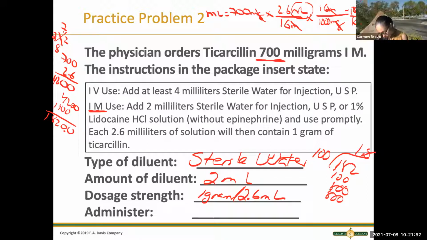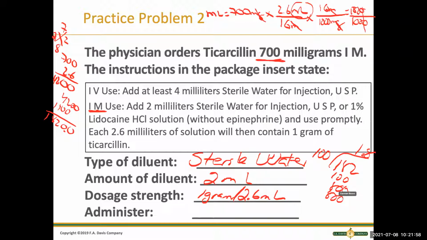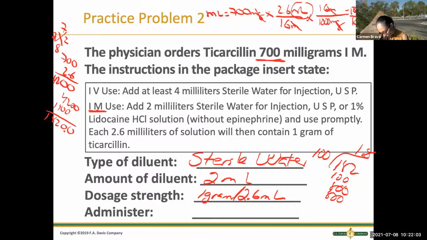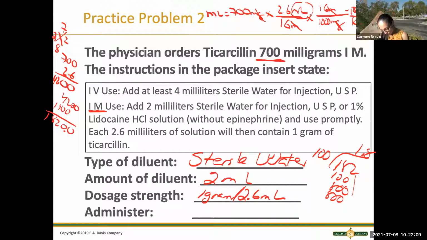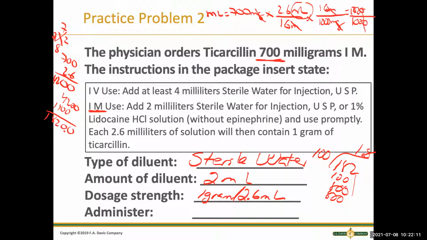So I got 1.8. Do you guys get 1.8? I got 1.82, yeah, because I still have the 2 to come down. But you're going to round it to 1.8. We're going to round it to 1.8.